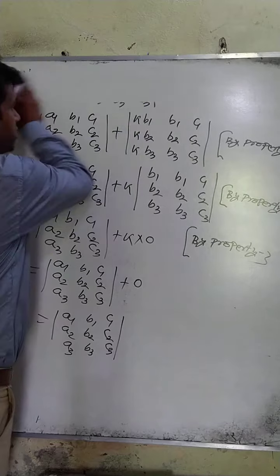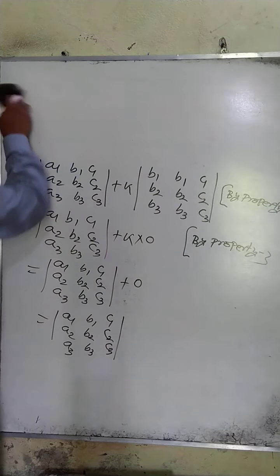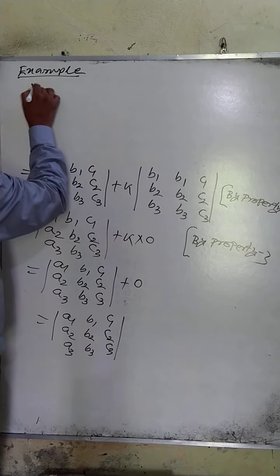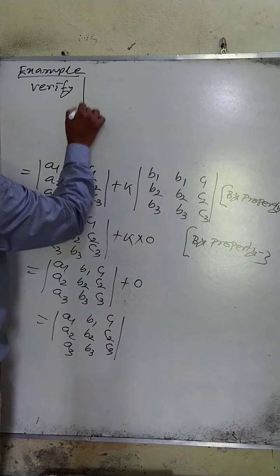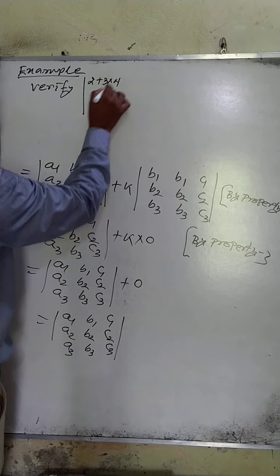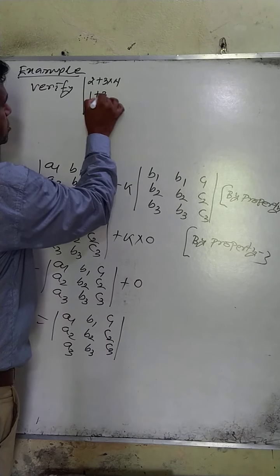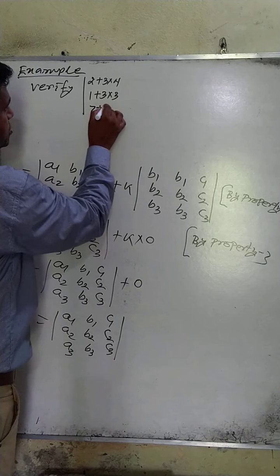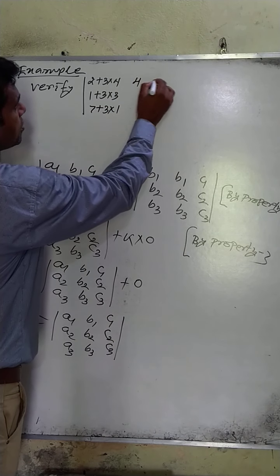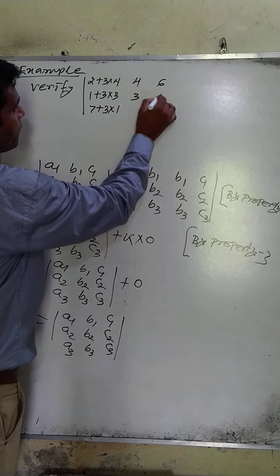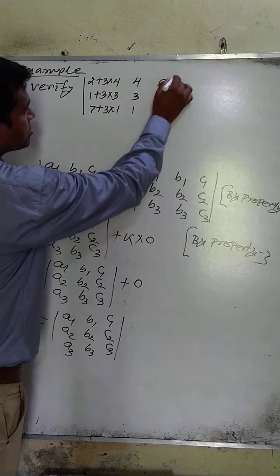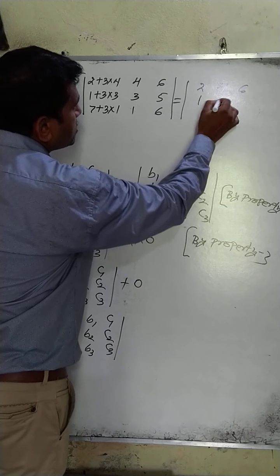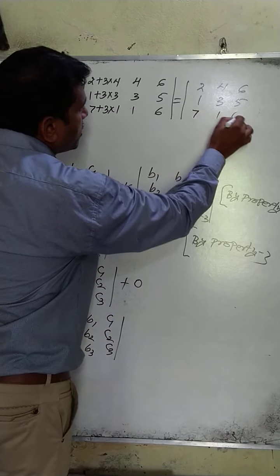Okay. Now we take an example. Verify that the determinant 2 plus 3 into 4, 4, 6, 1 plus 3 into 3, 3, 5, 7 plus 3 into 1, 1, 6 equals 2, 4, 6, 1, 3, 5, 7, 1, 6.